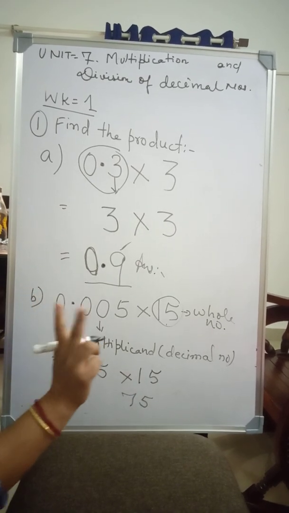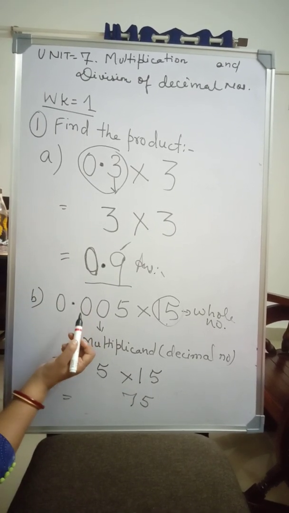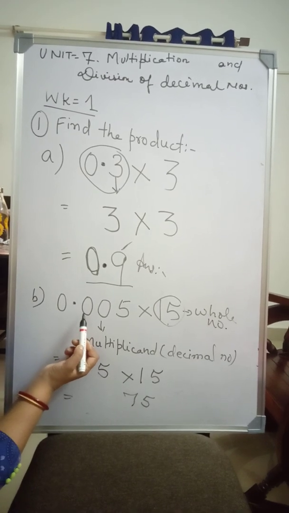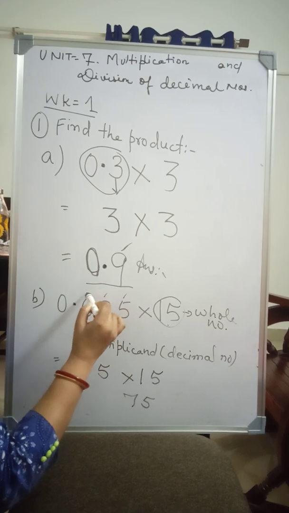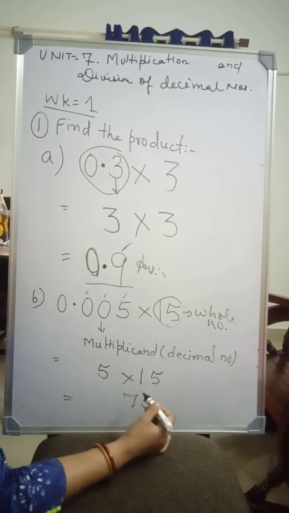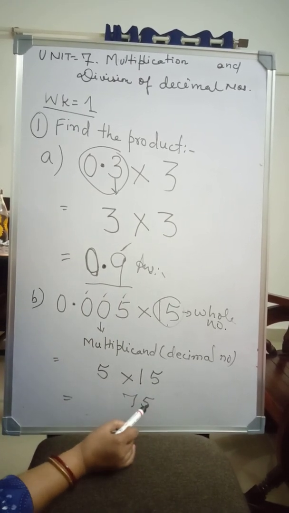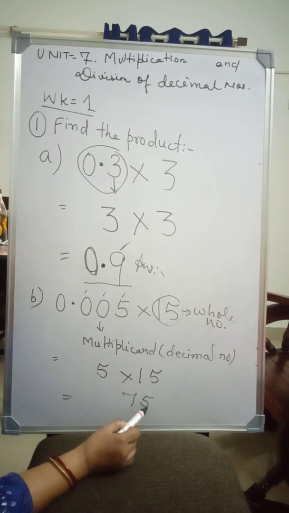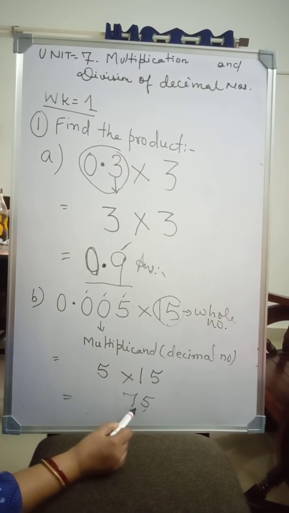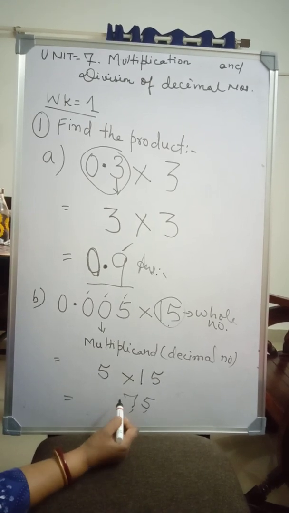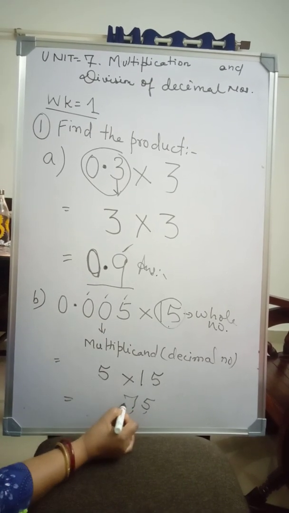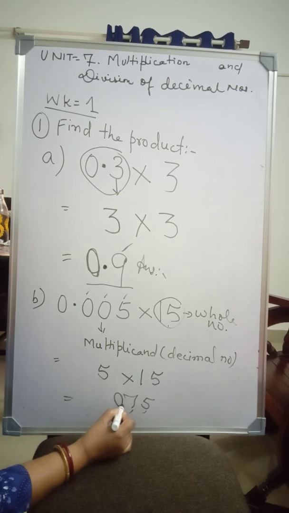Now the second step: count the number of decimal places of this decimal number. So start to count from right to left: 1, 2, 3. So here also you have to count the number of digits from right to left: 1, 2. Now only 2 digits are here. You need 3 digits, so here I will put 0.